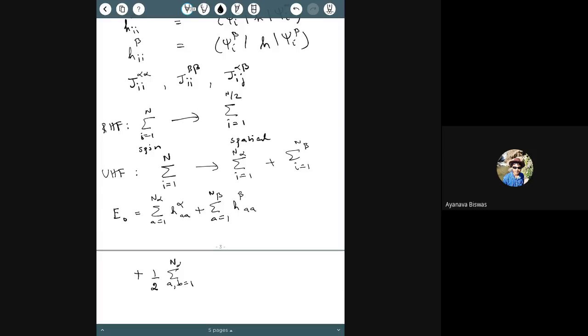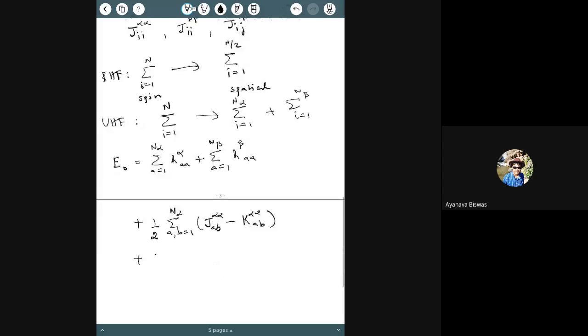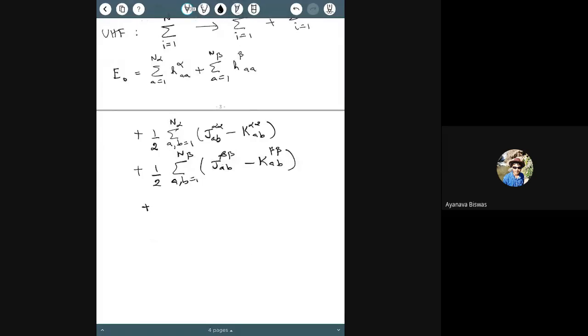So when both the electrons which interact are alpha, you have both Coulomb and exchange. Similarly, you have both beta beta. So that looks exactly like the restricted Hartree-Fock.